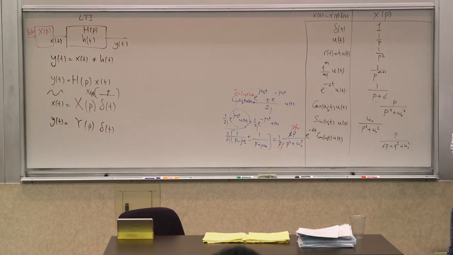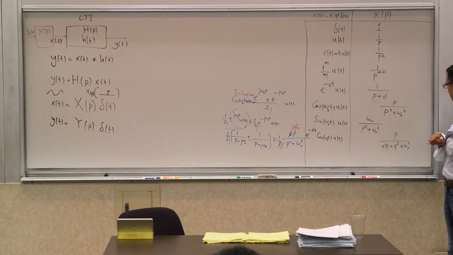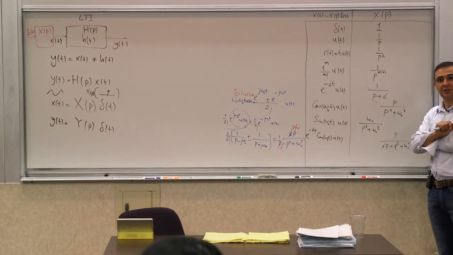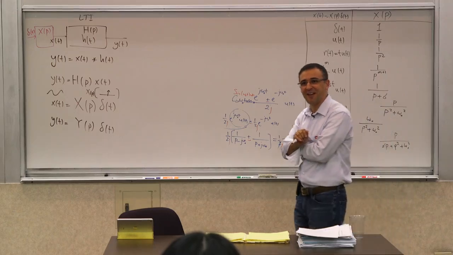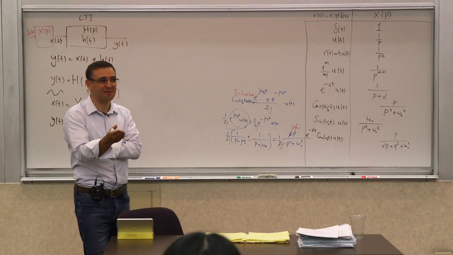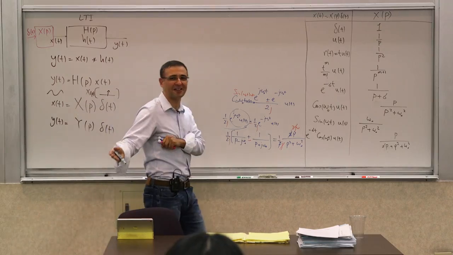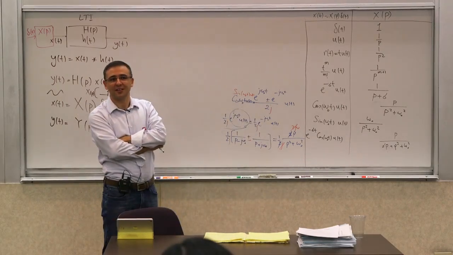If I set sigma to 0, it reduces to this. If I set omega to 0, it reduces to that. So that's an interesting guess because it meets those two criteria that I gave you, right? Doesn't necessarily make it correct, but your guess was perfect in terms of satisfying the criteria that I gave you.